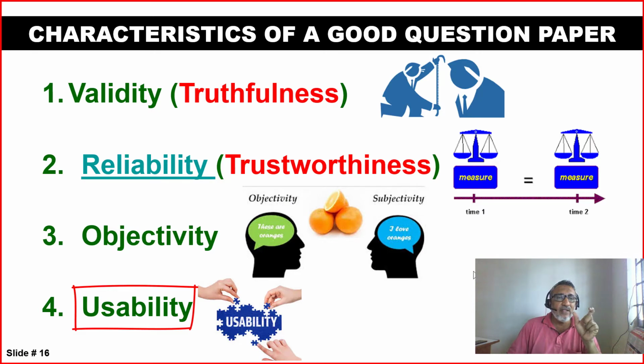So usability is the ease with which the test can be administered, measured, evaluated and interpreted. It should involve the minimum amount of time, cost and effort. That refers to the usability of the test. These are the four most important characteristics of any test.